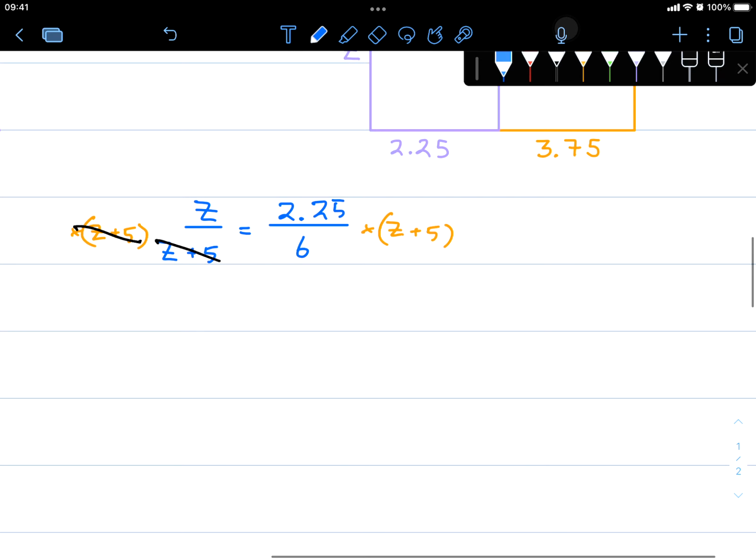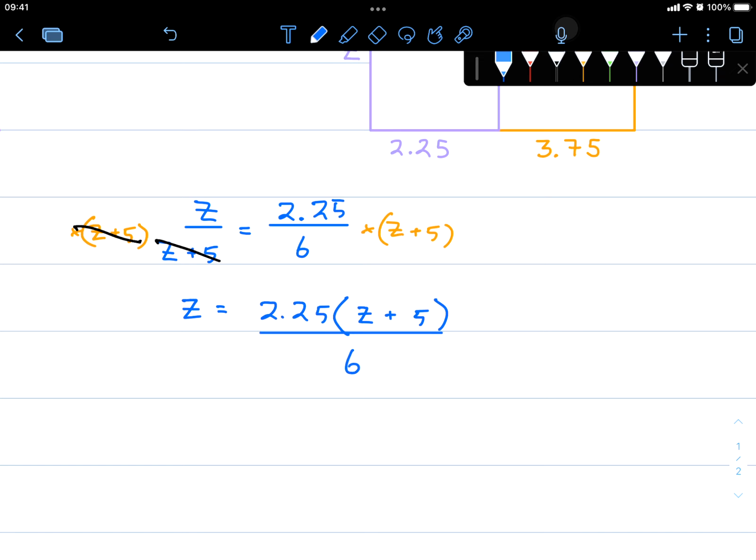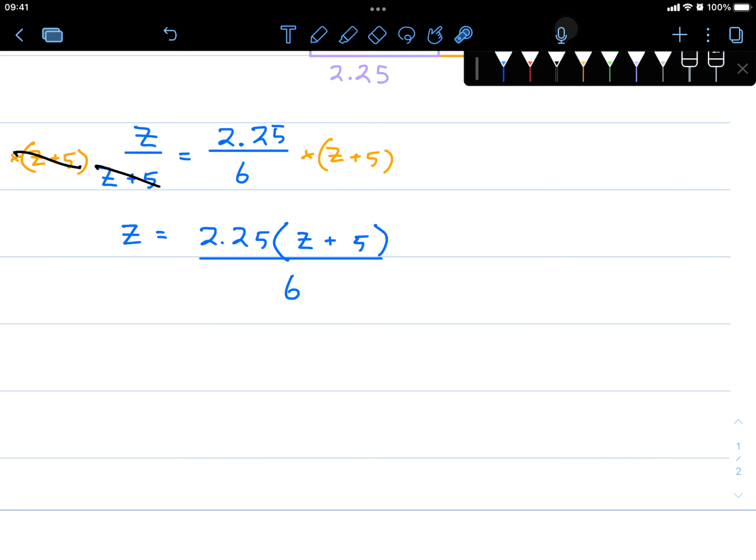This will give me on the left hand side, Z is equal to 2.25 outside of what we just found, Z plus 5 over 6. Now from here, I need to get rid of this fraction as well, so I need to multiply by 6 on both sides. This cancels. Z times 6 is just 6Z.